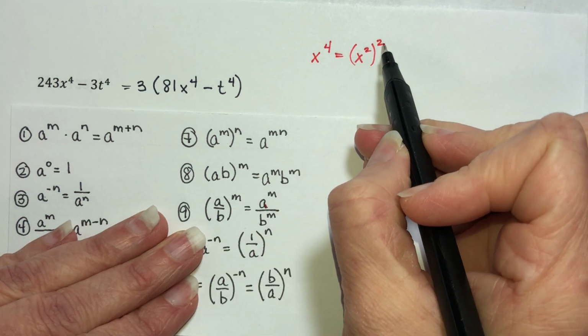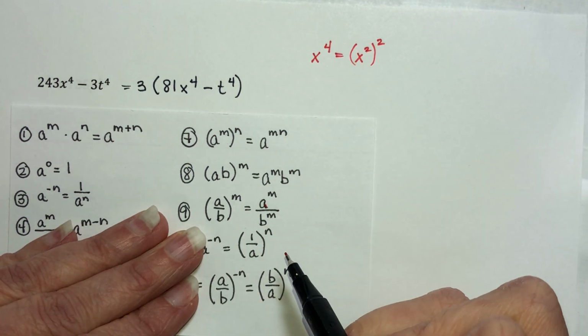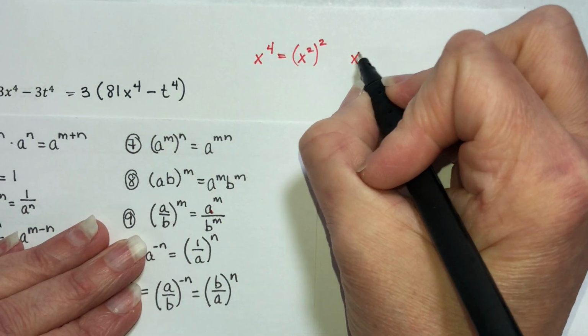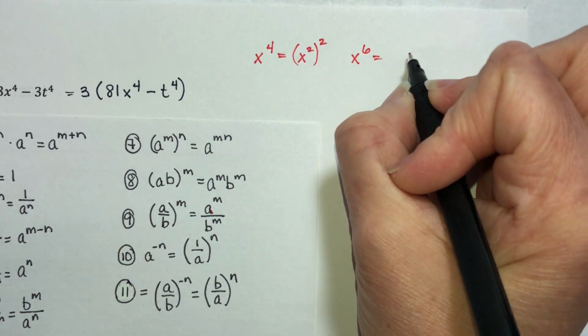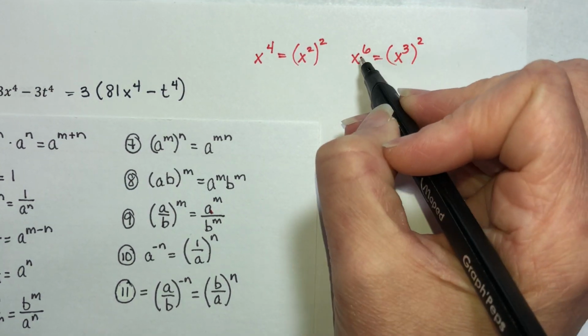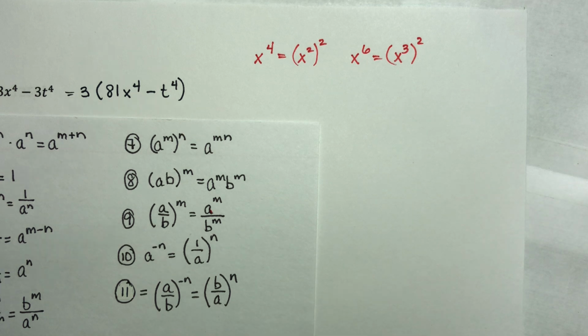Because a power raised to a power, I would multiply those together to get a 4. Now also, I said any even power, if I did x to the sixth, I could write this as x cubed squared. Multiply those together and you get back to 6. Any even power is a perfect square.